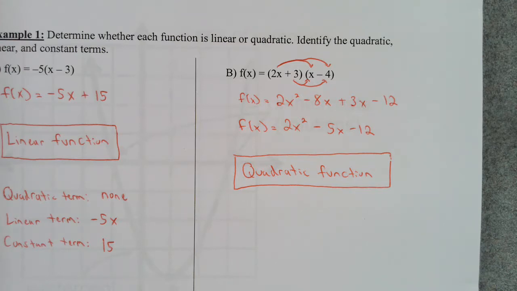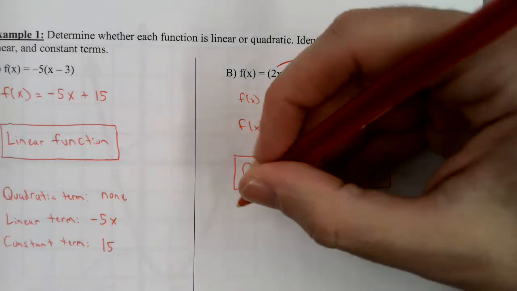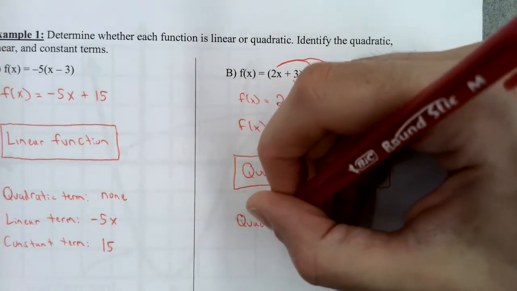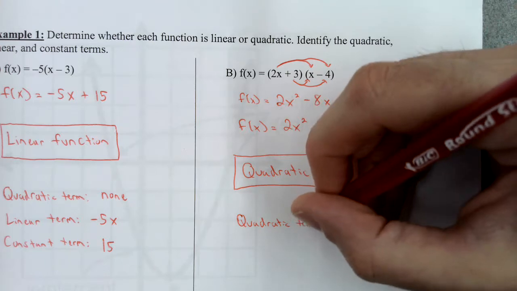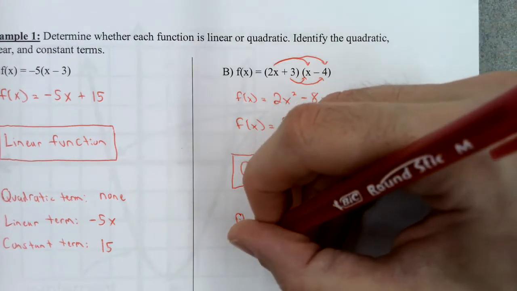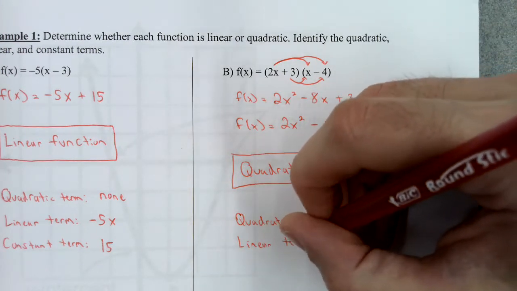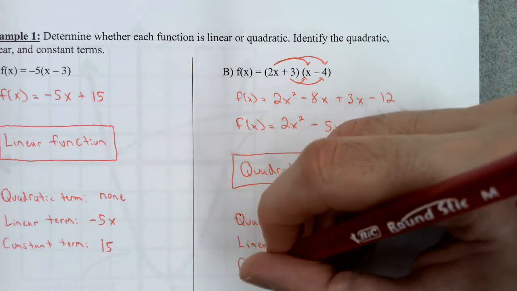And then let's do the same thing that we did for the first one. Let's identify the quadratic term, the linear term, and the constant term. Okay, so the quadratic term first. Quadratic term, linear term, constant term.